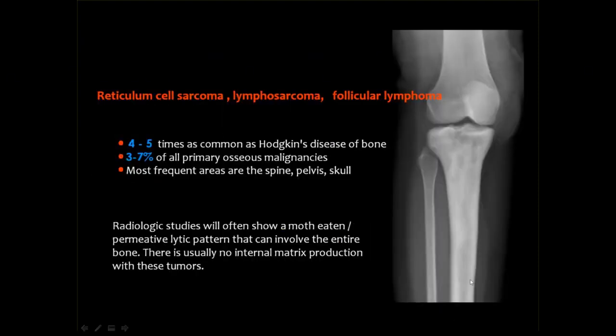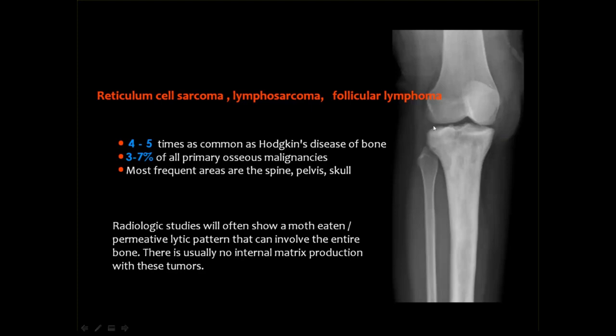Then here you see that there is diffuse sclerosis of the proximal part of the tibia with loss of the corticomedullary differentiation. You cannot see the cortex, you cannot differentiate the cortex and the medulla.